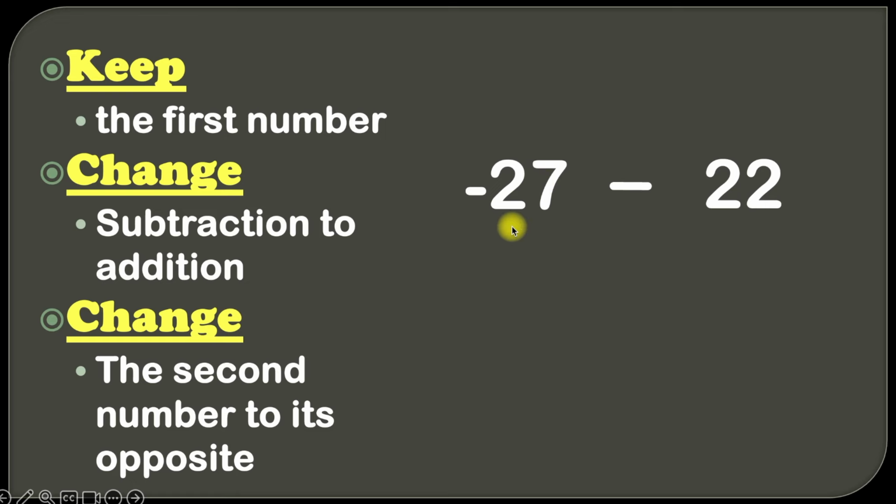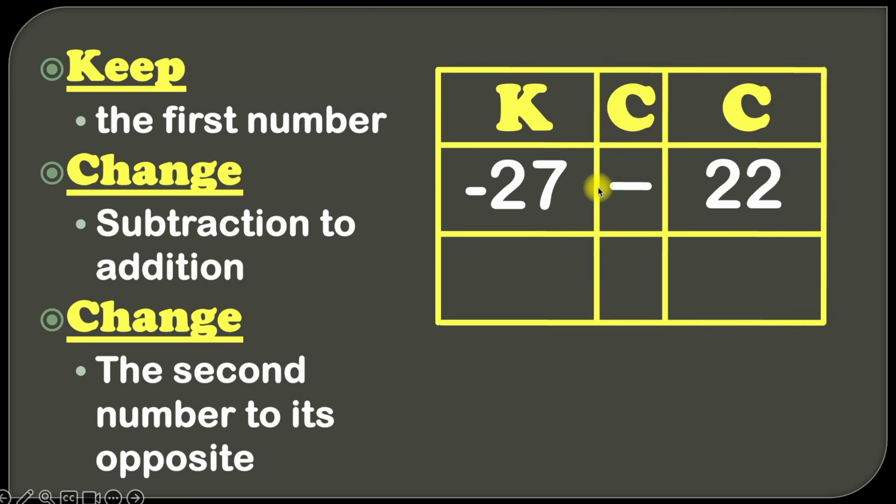Here's our next example. -27 minus 22. Because we're subtracting integers, we can use KCC. Again, when you're using KCC, make sure only the subtraction operation is under that first C. Now, K stands for keep, so -27 will keep exactly the same.